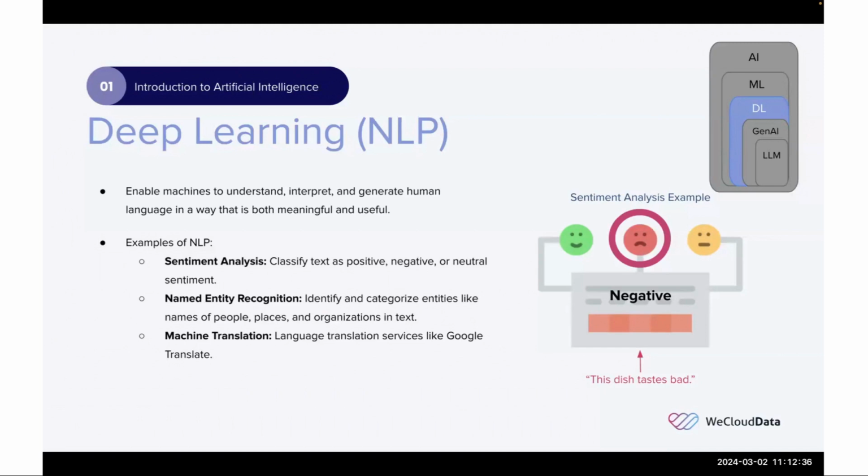Named entity recognition, like extracting useful entities from text. So for example, when you do job posting analysis, maybe you can upload the job description to ChatGPT and ask ChatGPT to extract useful keywords so that you know what this job is, like the requirements of this job, right?